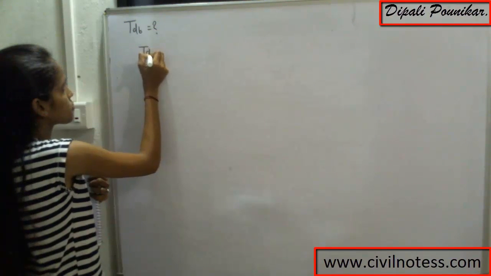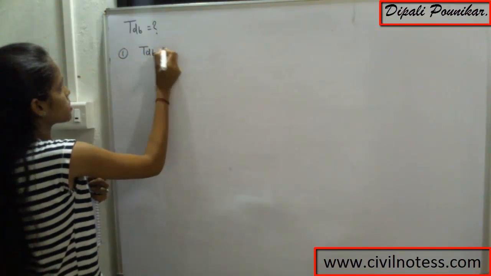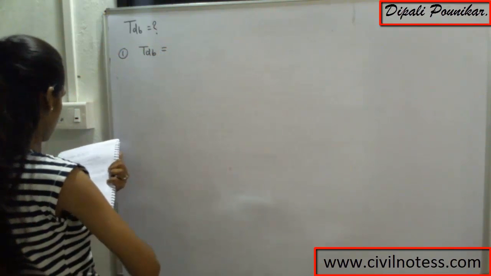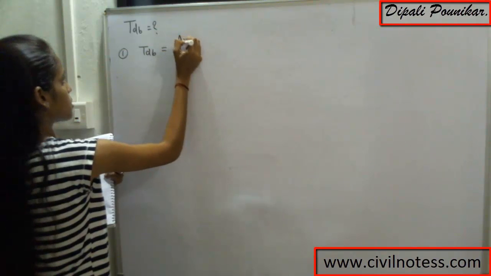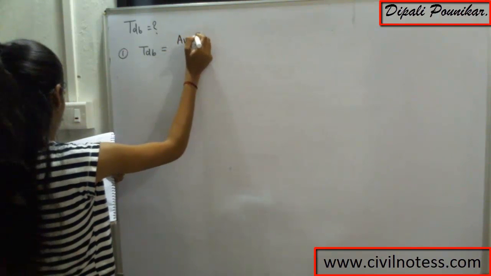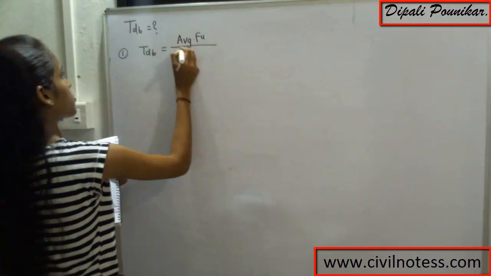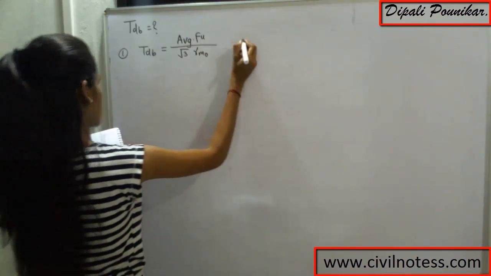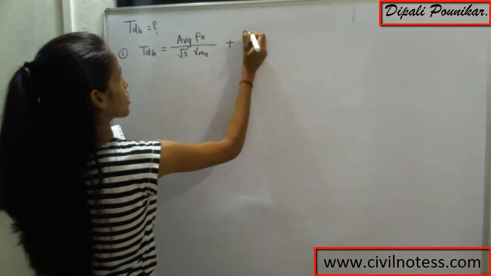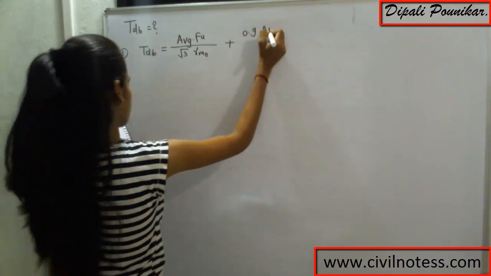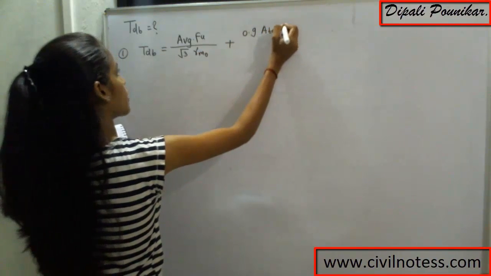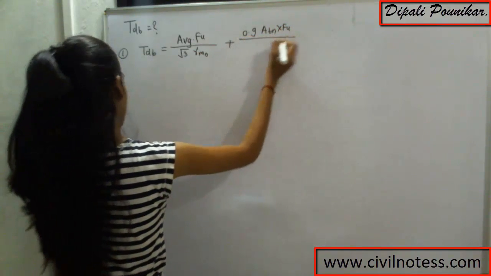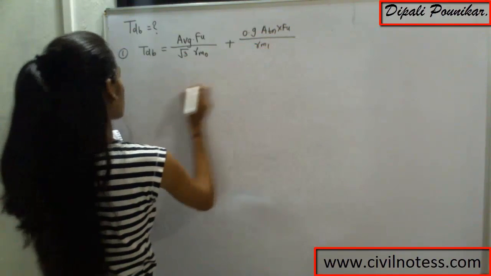First formula for TDB1 equals AVG FU upon under root 3 gamma m0, plus 0.9 ATN FU upon gamma m1.